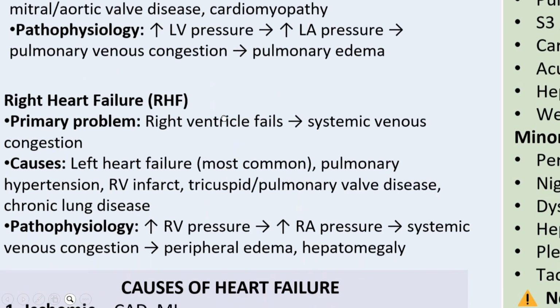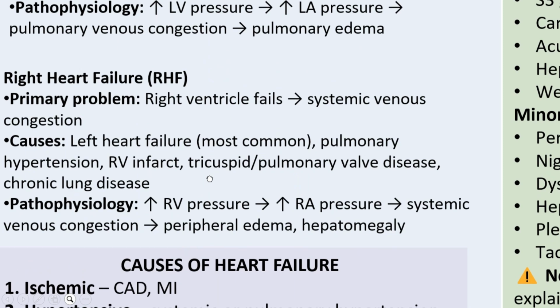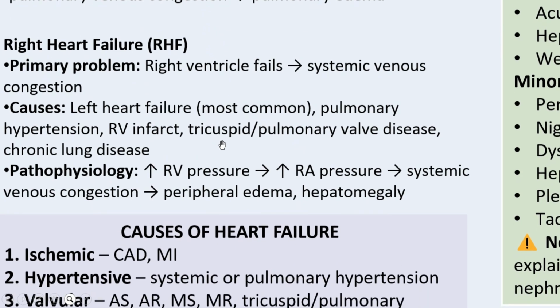So when we talk about right heart failure, it can also come from its own pathologies. Maybe you have an infarct that is affecting it, maybe it's from the pulmonary hypertension that comes from the left heart, maybe the tricuspid or pulmonary valves are having issues.